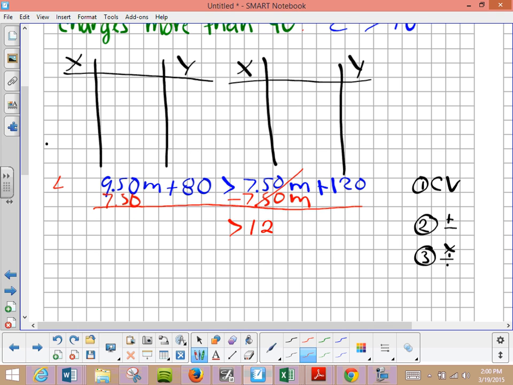And you bring down the 120. You bring down the 80. And then this right here gives me 2m, right? Now we add or subtract. For those of you who don't know what to do, you have to search for one of these in this inequality. And it's right here. It's adding, so what do I do?